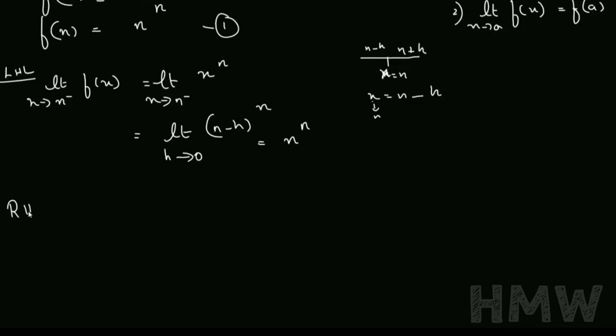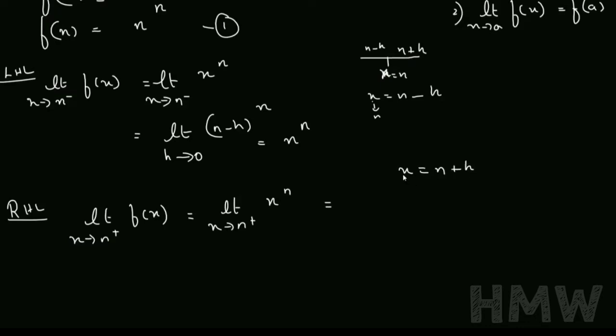Now we have to find the right hand limit. Limit x tends to n plus of f of x, that is, limit x tends to n plus of x power n. So n plus means substitute x as n plus h. When x approaches n, what will happen to h?